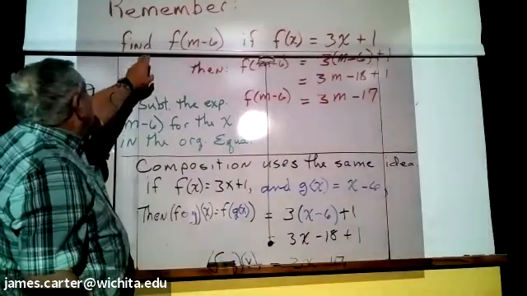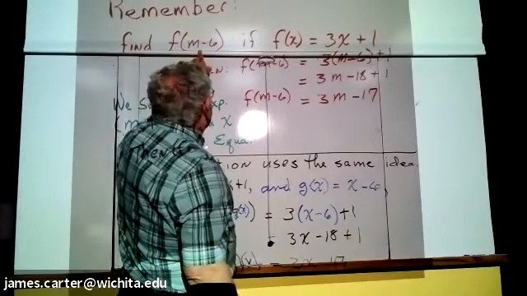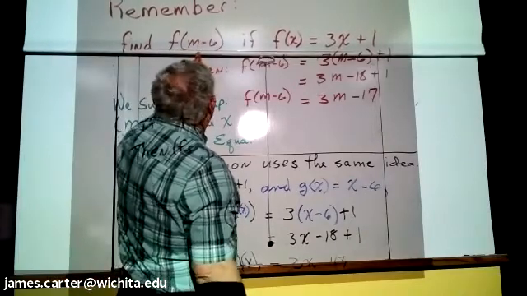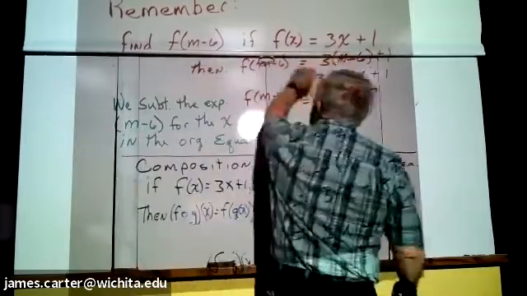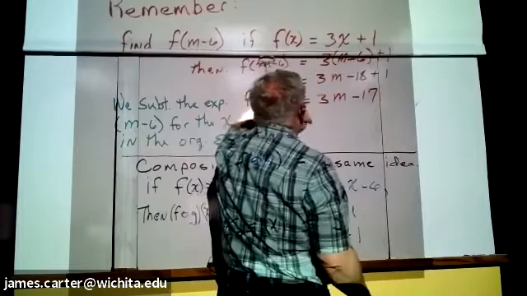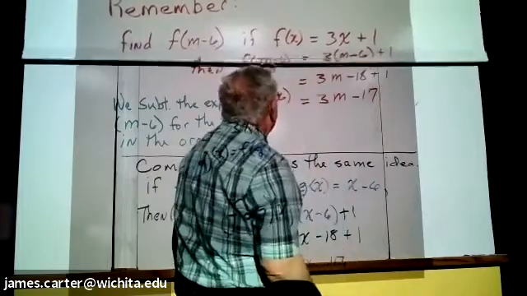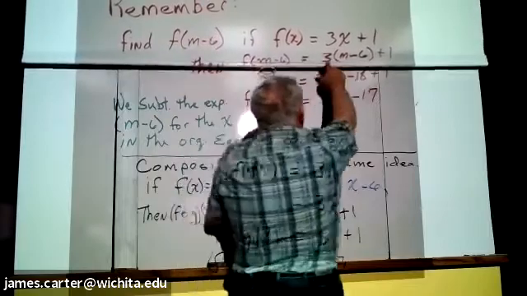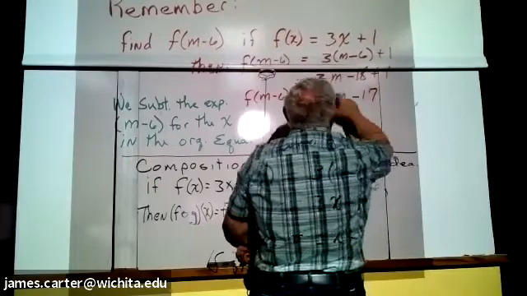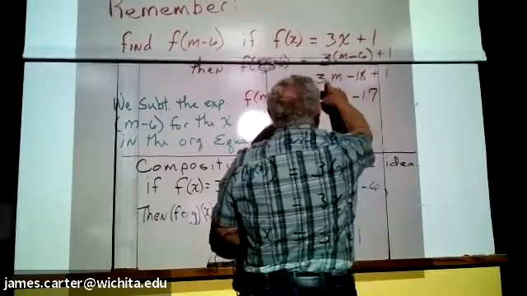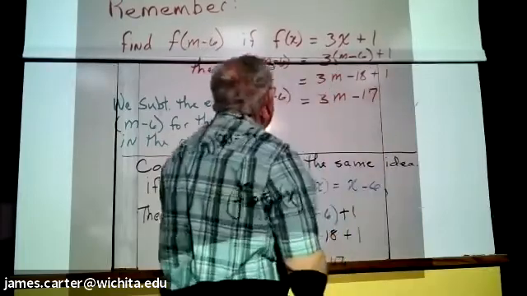Okay, this is showing that we are replacing the x in this equation with m minus 6. When we do that, we distribute 3 times the m minus 6 plus 1, which in turn gives us 3m minus 18, and then the plus 1.